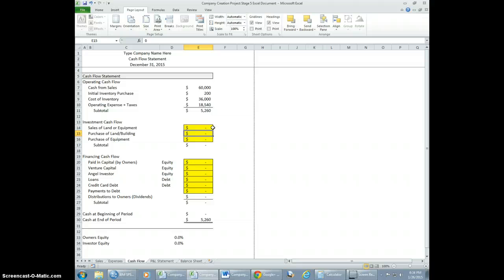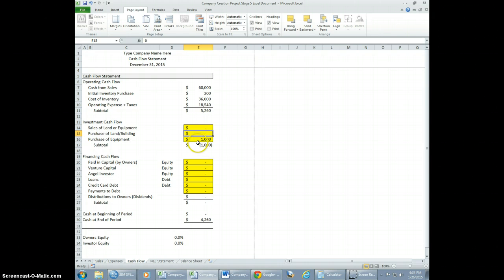So for the purpose of this assignment, we're going to assume that the equipment that we'll need to purchase is $1,000. So I'm going to put 1,000 right in here. And we're going to assume that we're not going to buy any land or building. So again, that will be 0. And then it'll just be reflected right there as it was before.